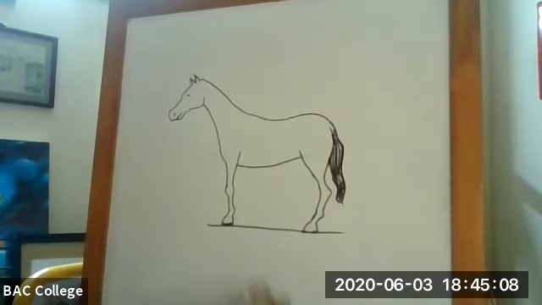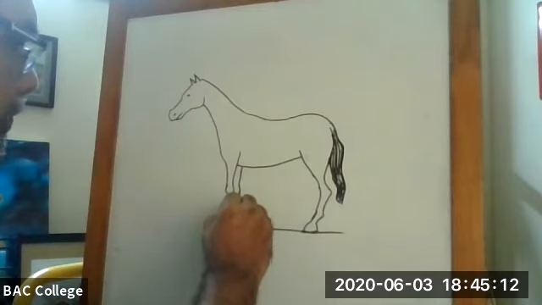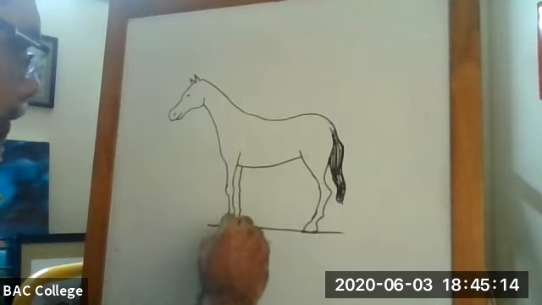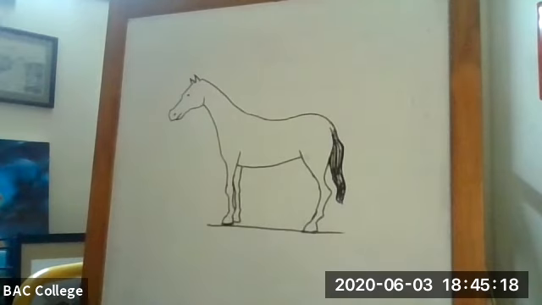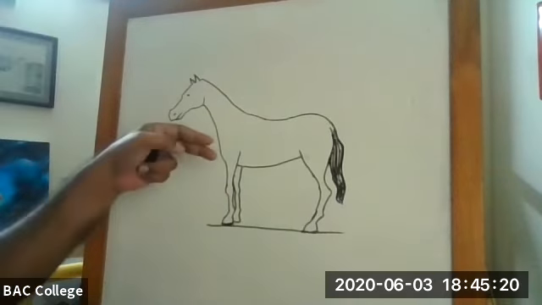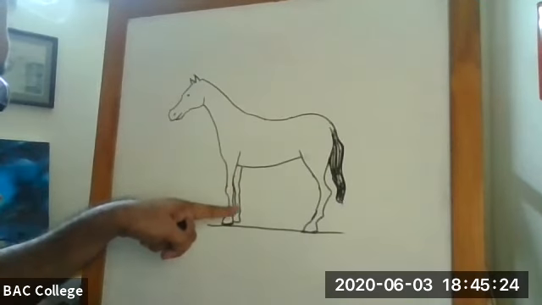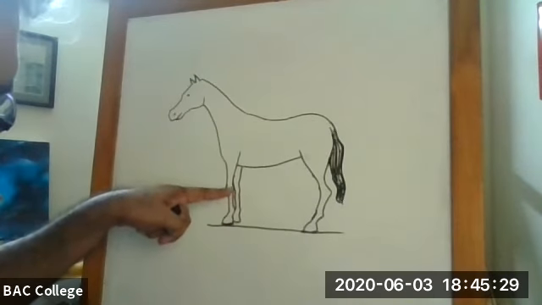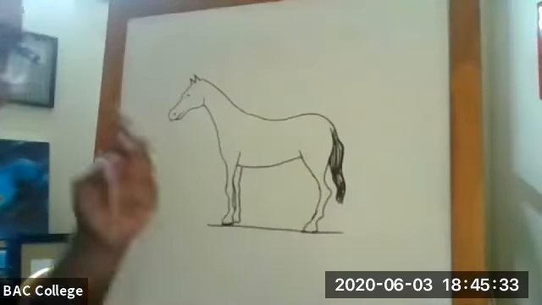Now, important thing now is you sometimes will be able to see a little bit of the back leg. So try to get a little bit of the other leg, not the back leg, the other leg. So you can get a little bit on the back leg and then follow the size of the leg. Okay, so you can see a gap here and then the hoof.